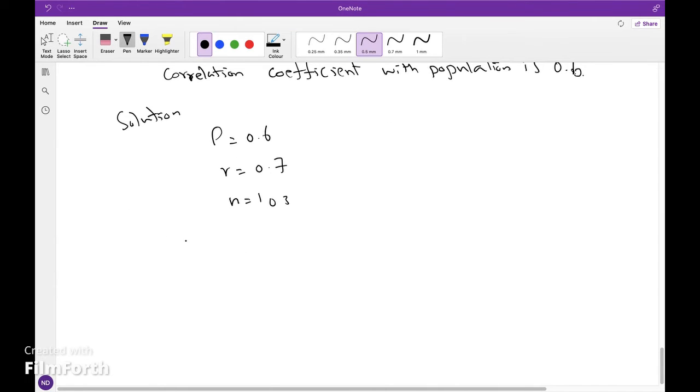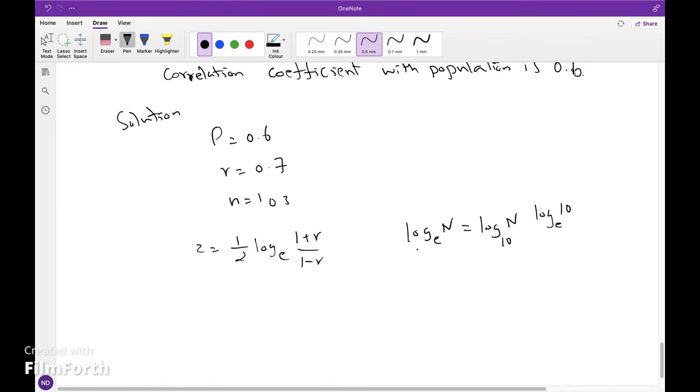So Z is equal to 1/2 log base e of (1 plus r)/(1 minus r). Note that log base e of n is equal to log base 10 of n into log base e of 10.